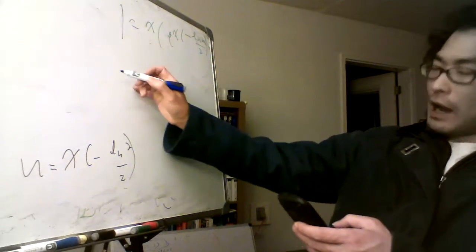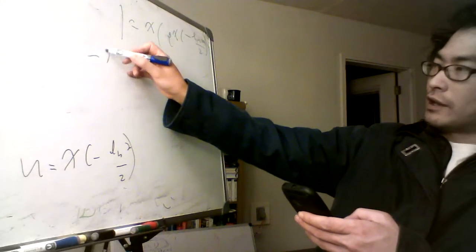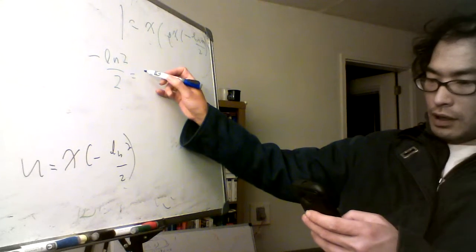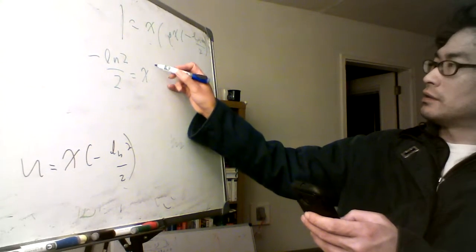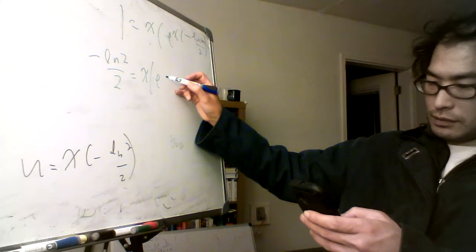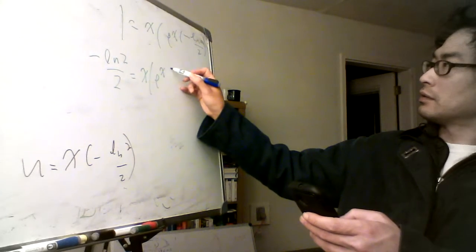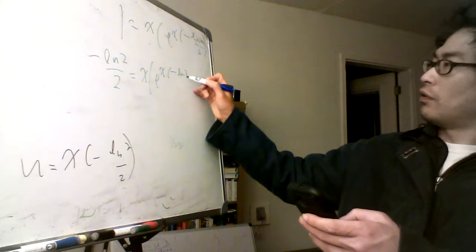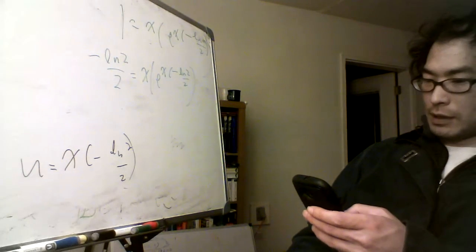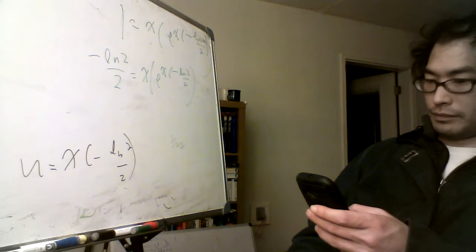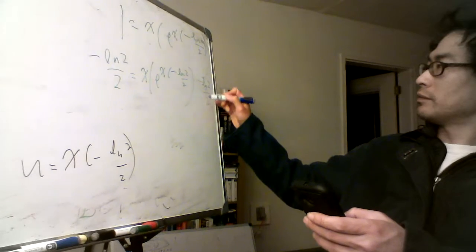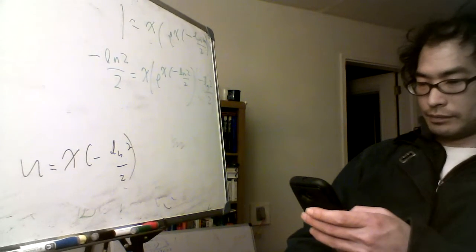So we multiply either side by minus ln 2 over 2: it is equal to x times e to the x, minus ln 2 over 2, multiplied by the same thing, minus ln 2 over 2. Okay, we got it.